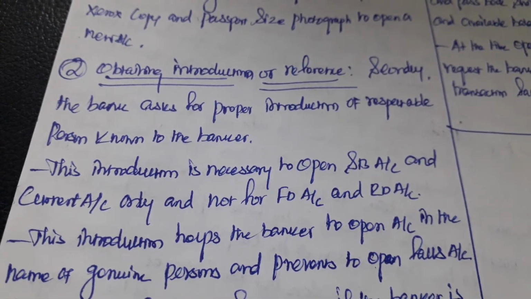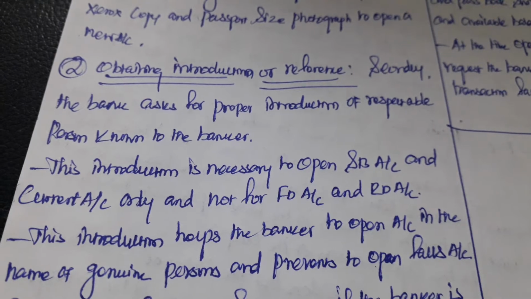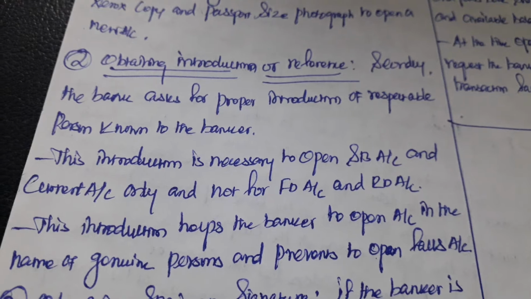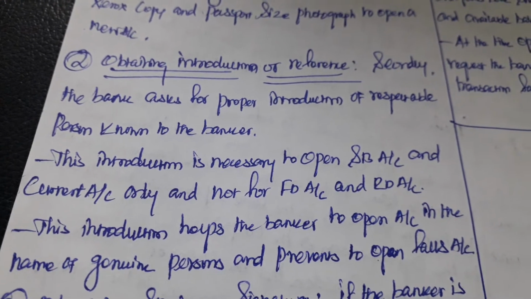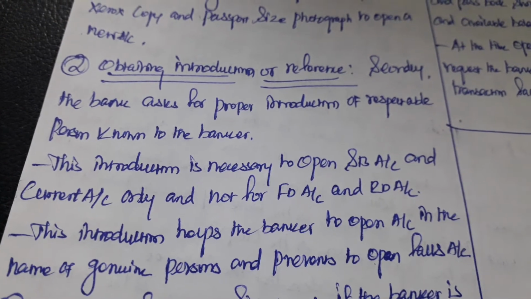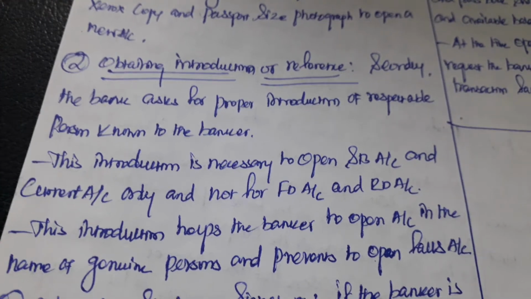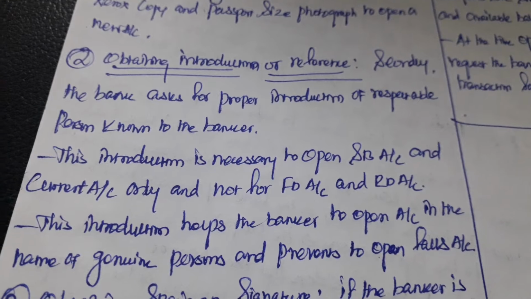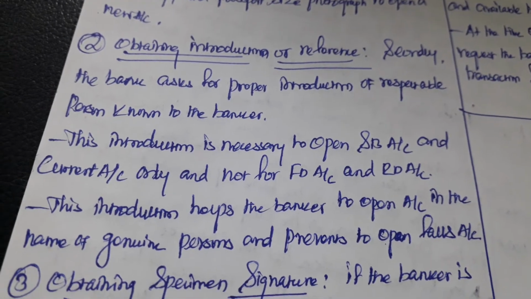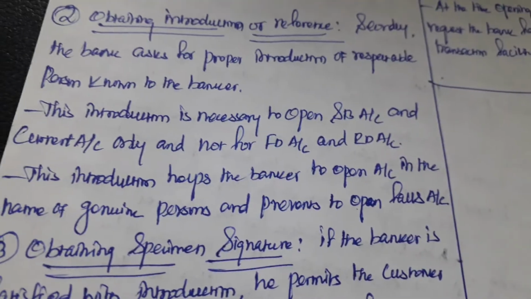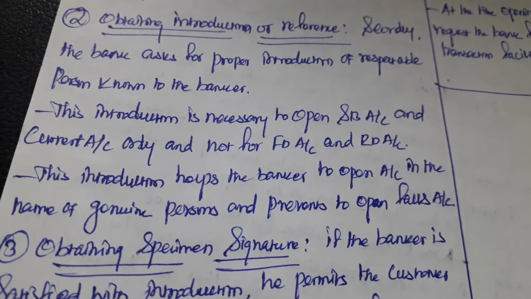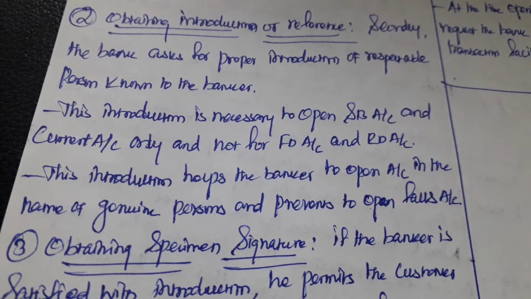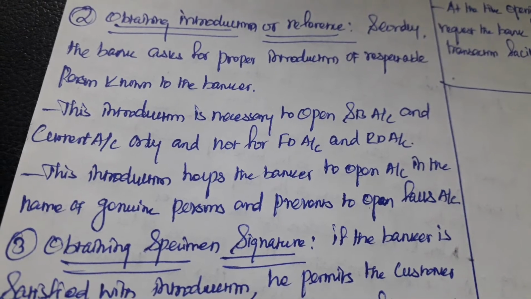This introduction is necessary to open a savings account and current account only, and not for an FD account and the RD account. The introductory procedure is only applicable to the savings and the current account. This introduction helps the banker to open accounts in the names of genuine persons and prevents false accounts.